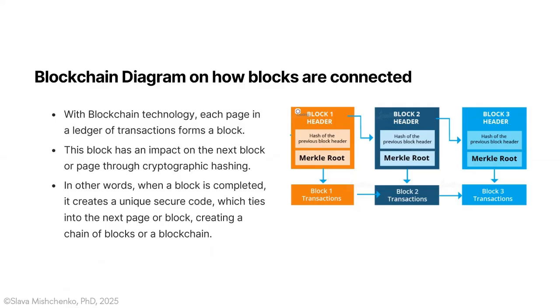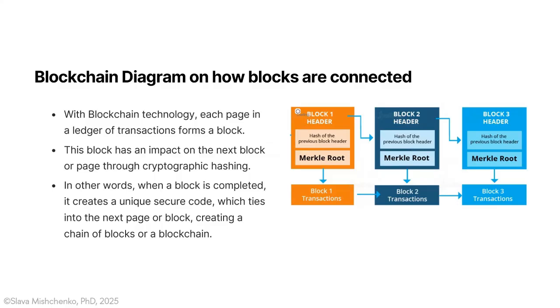So what is fascinating is that the header of each block contains something called a hash of the previous block's header. You can think of this hash as a unique digital fingerprint. For instance, block 2's header contains block 1's fingerprint, and block 3 contains block 2's fingerprint.